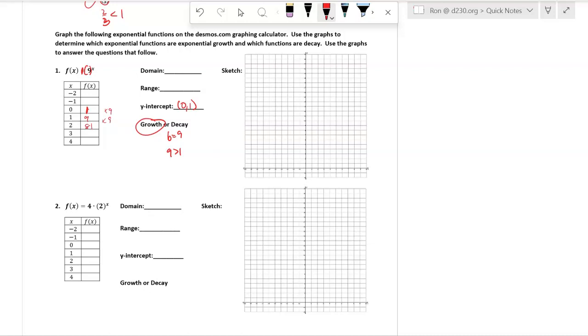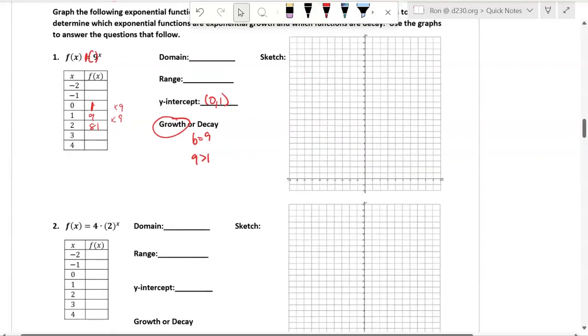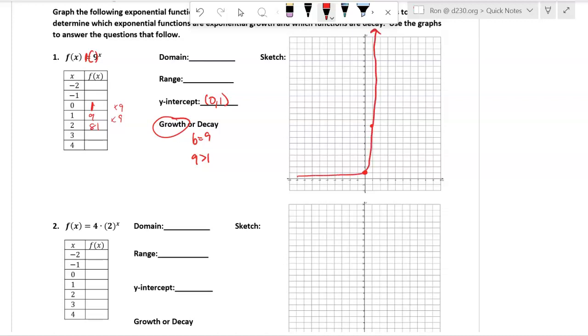But I only need a couple of points to plot this. So I'm going to start with 0, 1, 1, 9, and I know it's going to be 2, 81, which is going to go off the charts. All the ones we work with right now do not cross the x-axis, so that's how our graph would look.